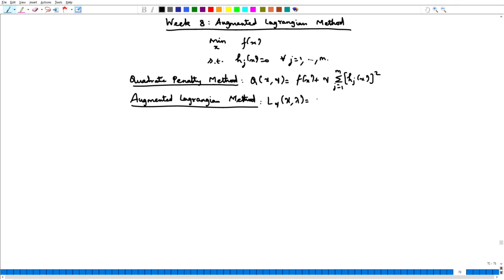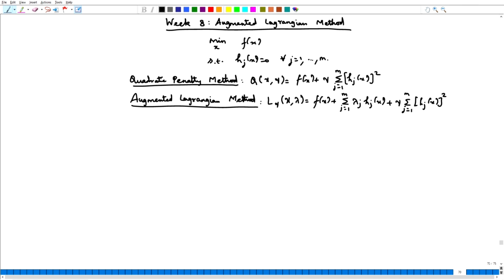This is going to be f of x plus summation lambda j h j of x, j equal to 1 to m, plus gamma summation j equal to 1 to m h j of x the whole squared.